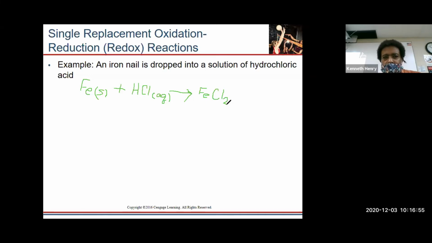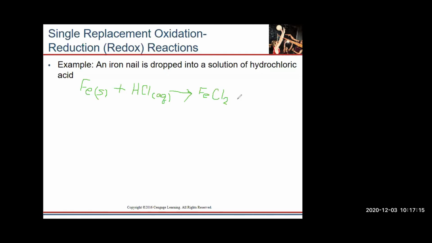So silver, aluminum, and gold are going to be your exceptions. Everything else is typically a +2. So is that going to be solid, liquid, gas, or aqueous? Aqueous.